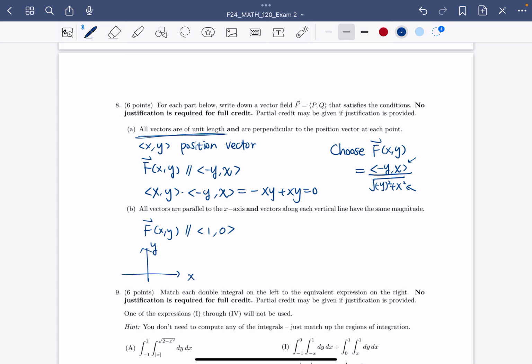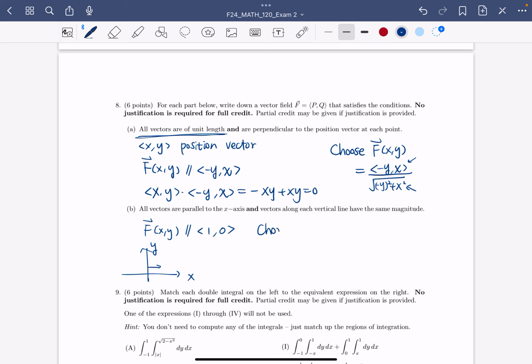And vectors along each vertical line have the same magnitude.